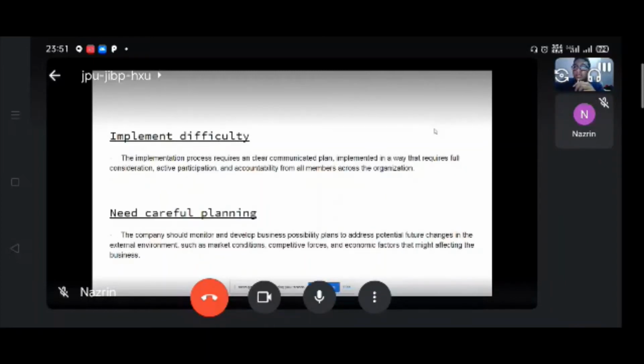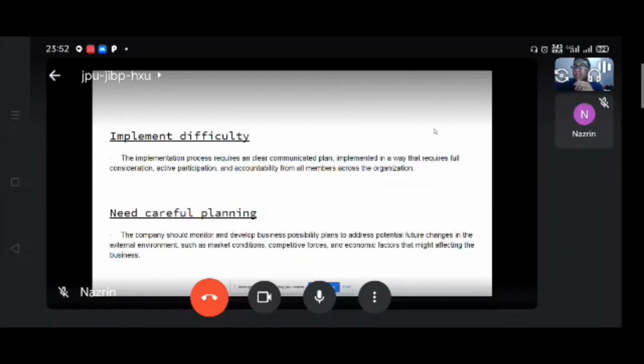The third is implementation difficulty. The implementation process requires a clearly communicated plan implemented in a way that requires full consideration, active participation, and accountability from all members across the organization.